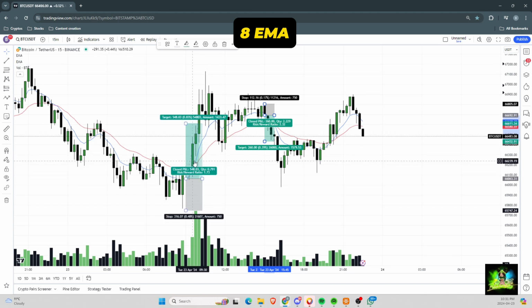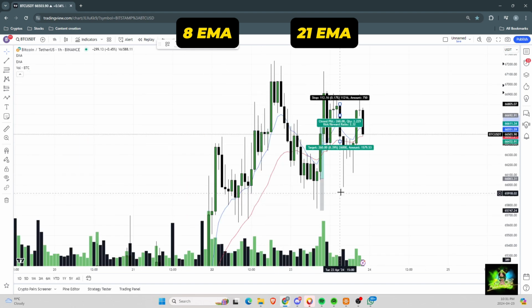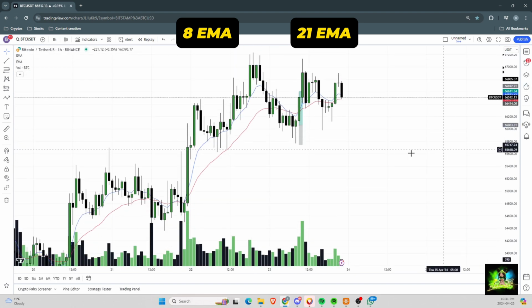In this case, you see that it is going above the 21 EMA too, okay? So when this happens on the 1 hour, here, we went above the 21 EMA and 8 EMA. In this case, your 21 EMA is your support.